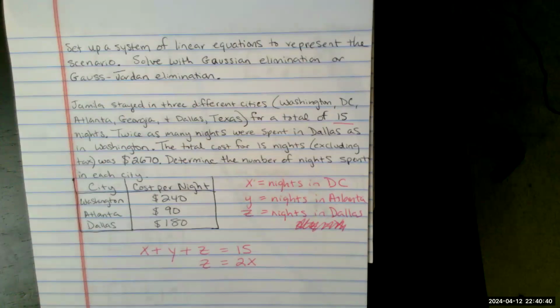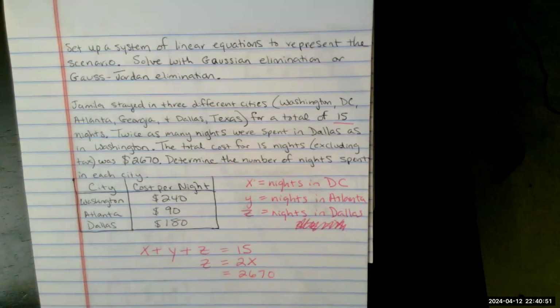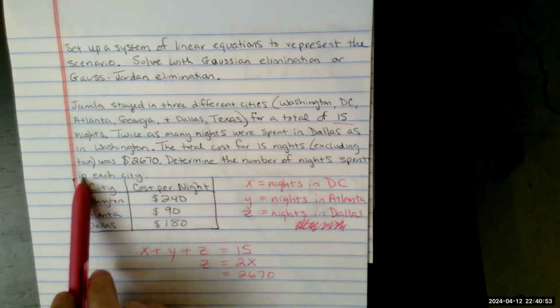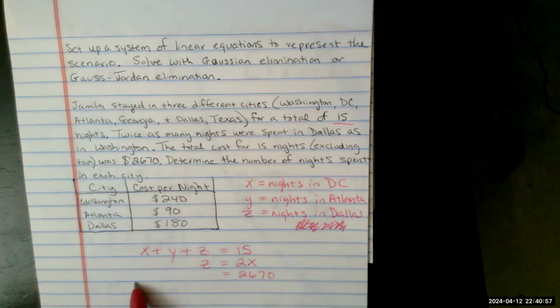And then finally, the cost of staying in all those places for all those different nights, the total of it is 2,670. Determine the nights spent in each city. So here's where we need the chart, because I can't just say x plus y plus z equals 2,670, because x, y, and z are just the number of nights. So where am I getting this price from?